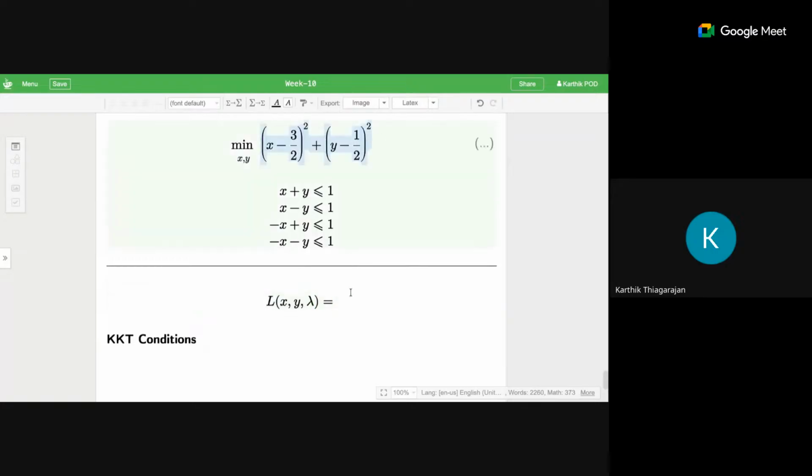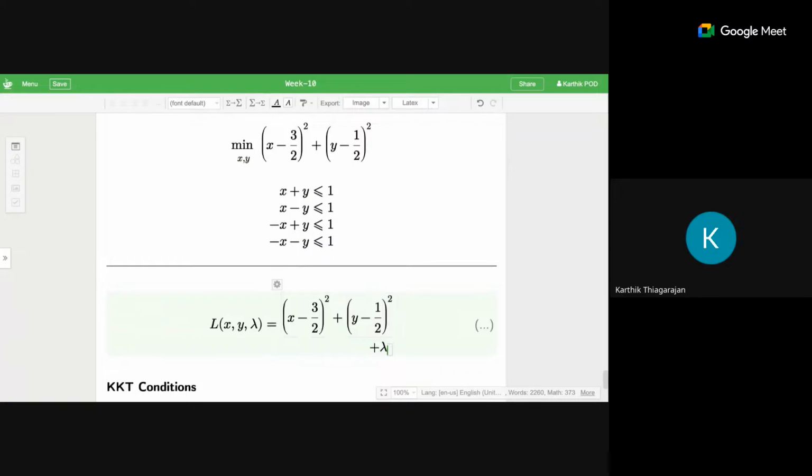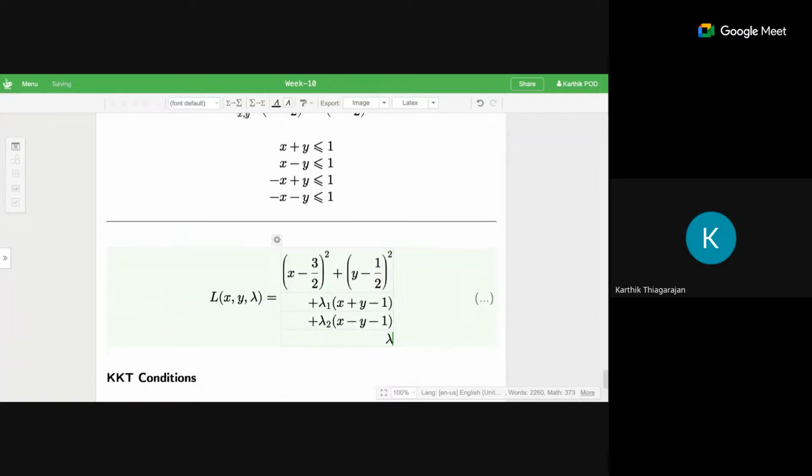We just copy this, and this has to be plus lambda 1 into x plus y minus 1. That's the first constraint, plus lambda 2 into x minus y minus 1, plus lambda 3 into minus x plus y minus 1, plus lambda 4 into minus x minus y minus 1. So this is the Lagrangian. Is this clear?